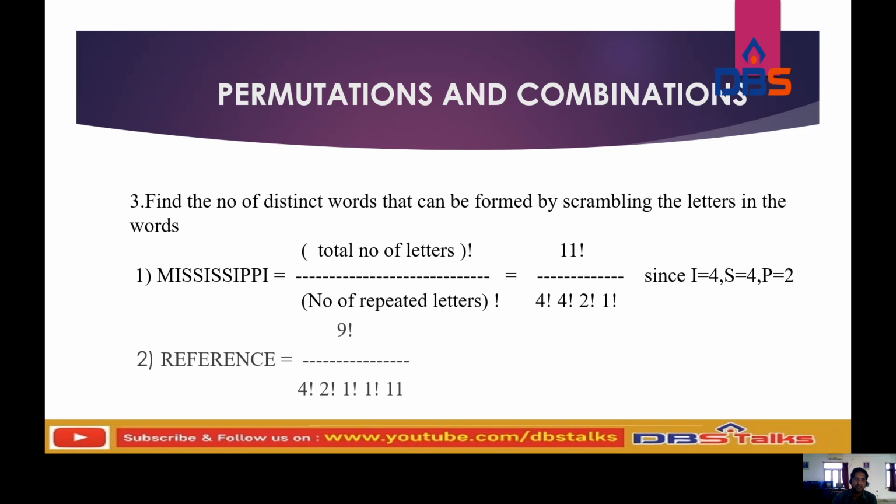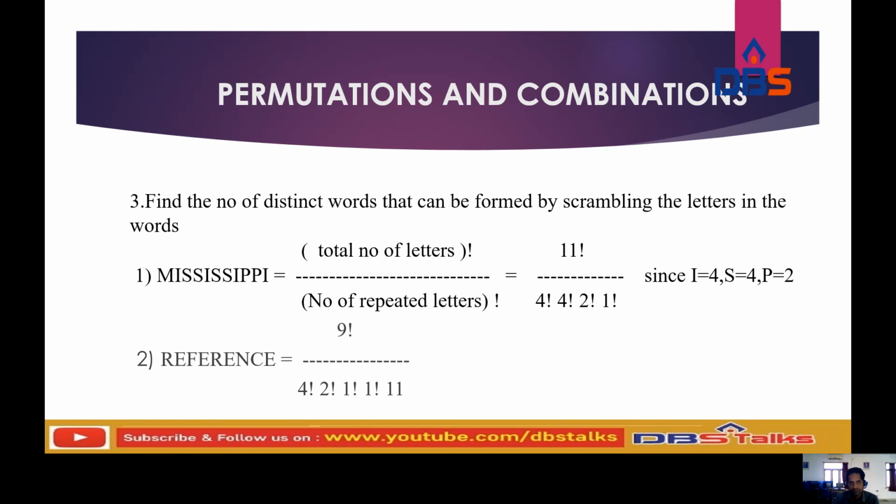Next. Find the number of distinct words that can be formed by scrambling the letters in the words MISSISSIPPI. That equals n factorial by P1 factorial, P2 factorial, P3 factorial.